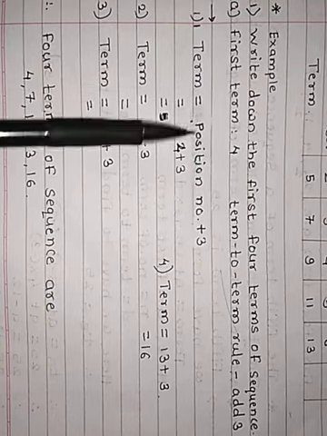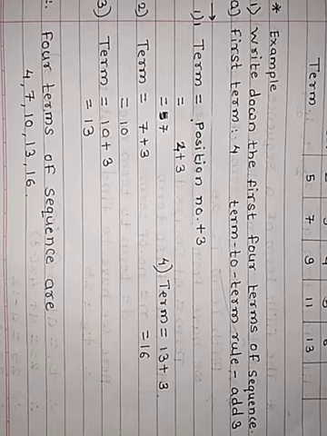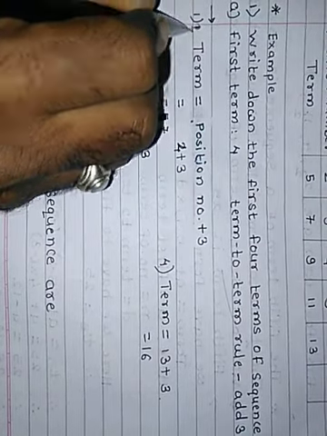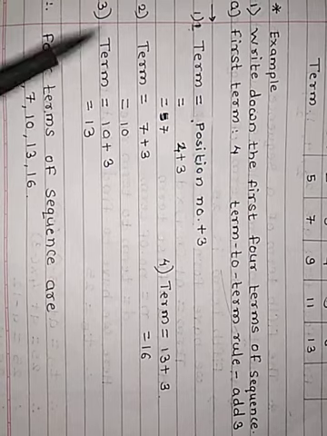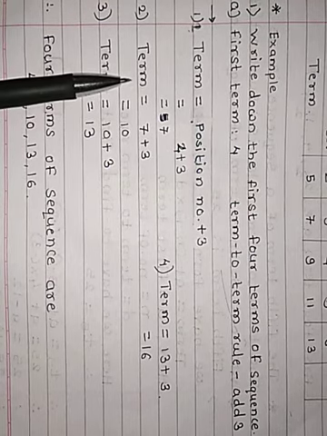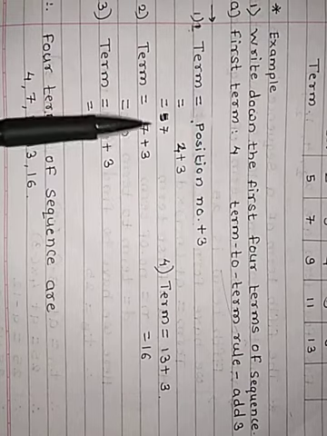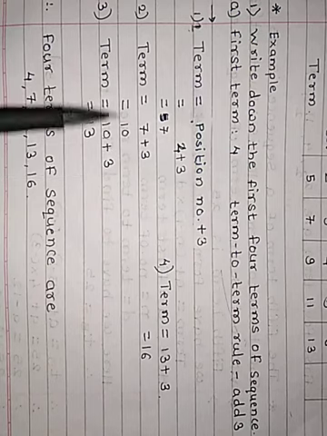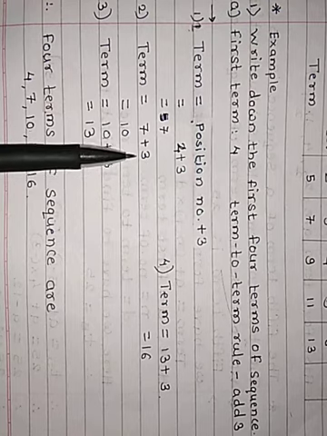This is the value of the second term, right? Like that we have to find the values of the third term, fourth term and fifth term, right? Now the third value, that is term equals to the second value plus 3. So it will be 7 plus 3, which is equal to 10. This is the third term.